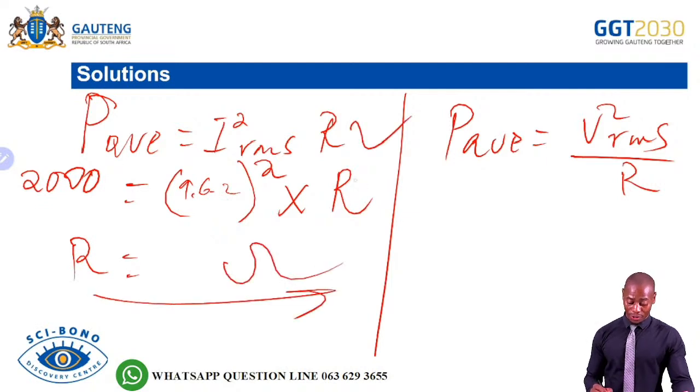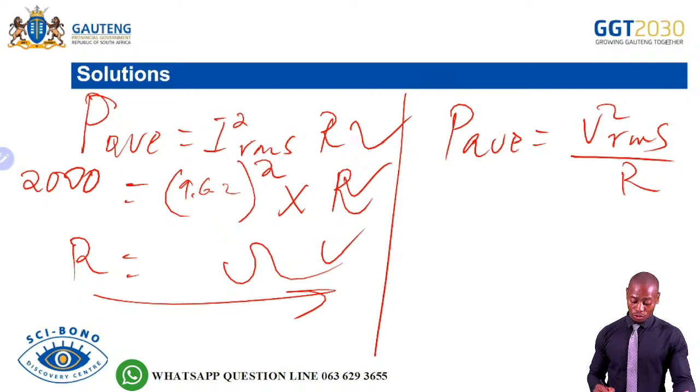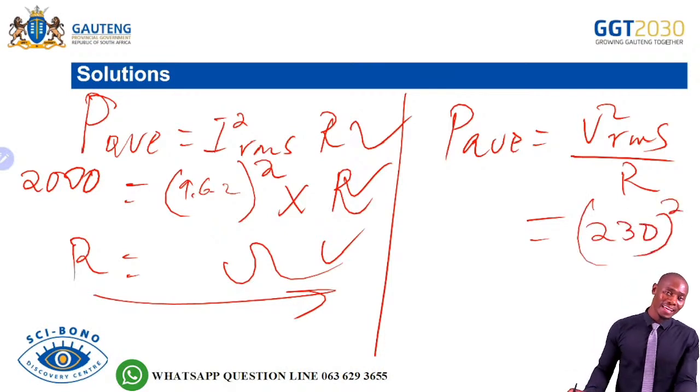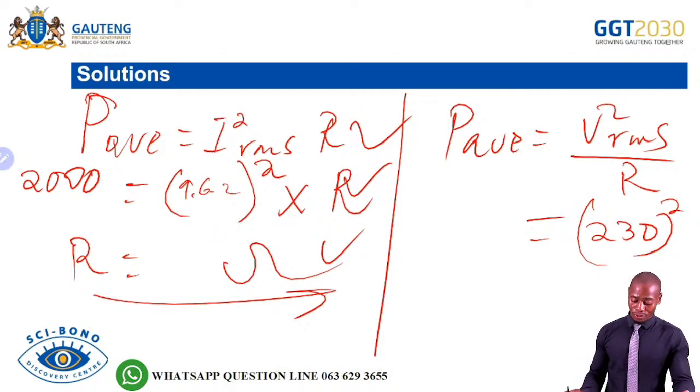A correct equation, correct substitution, correct answer with units. Then here, root mean square voltage 230 squared. And learners, I don't know why you always forget a square, especially when it comes to substitution.